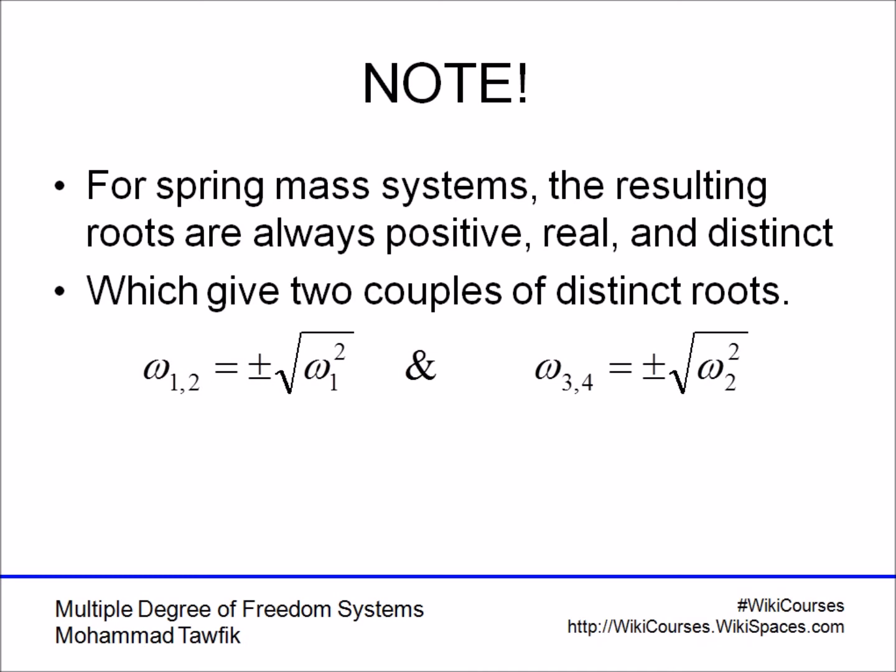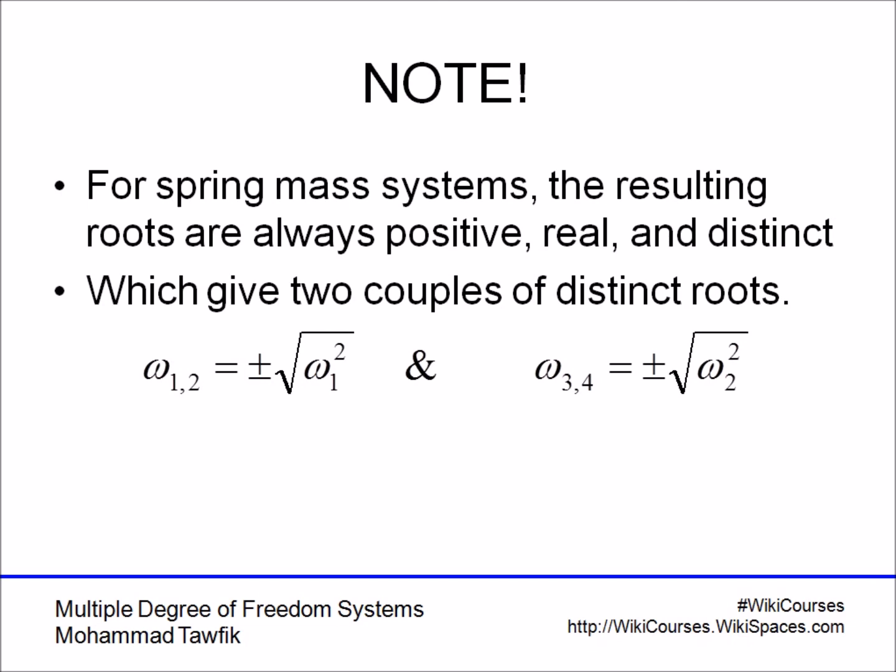I didn't go through the algebra. It's not really difficult, but it will make the problem look a little bit ugly. What I wanted to focus on here is that these values of omega are not related at all to square root of k over m for any of the masses or the springs. They are a combination of stiffnesses and masses affecting each other.